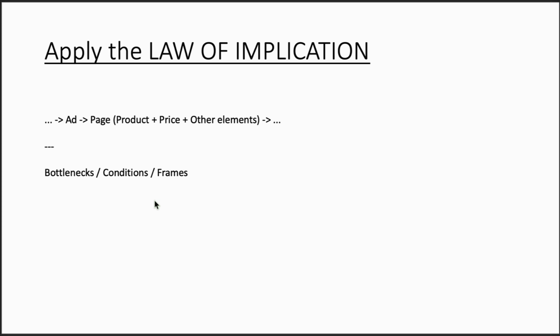The difference between an element and a context, frame or bottleneck is that we build stuff on the context that's already there. For example, if the button is red or blue, that's not necessarily a context.